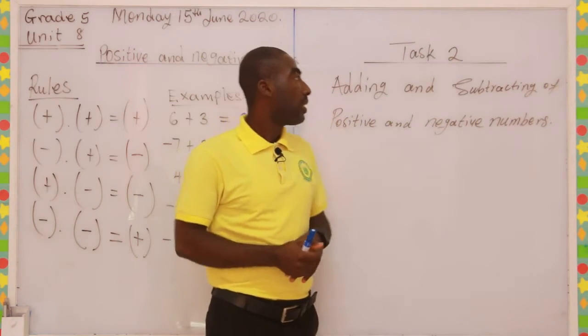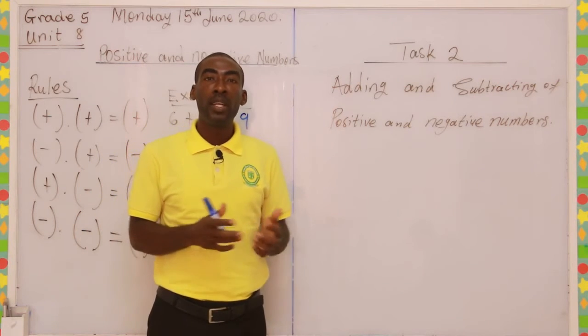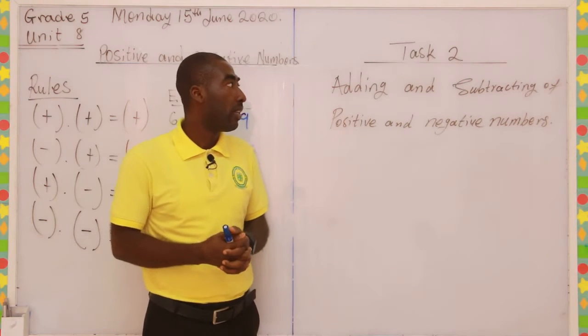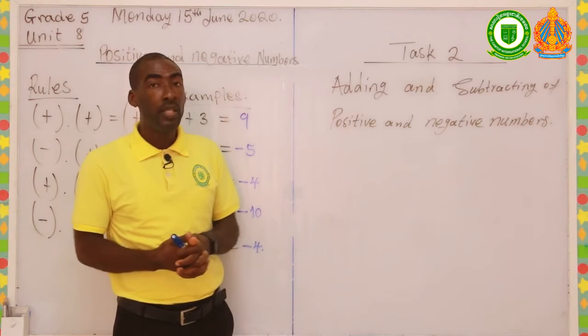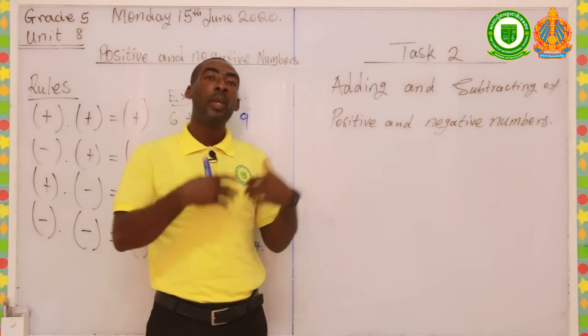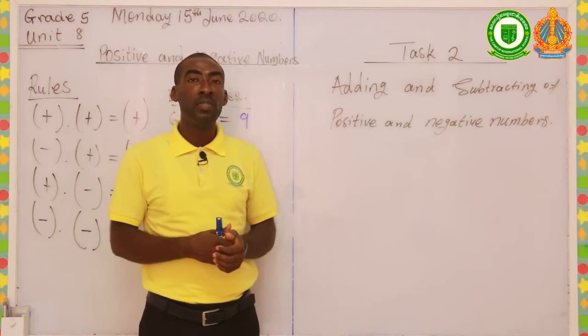Once that is good, and you also have studied how you can compare your positive and negative numbers using the less than, greater than, or equal to sign, we will then move straight away to how we can do more adding and subtracting of positive and negative numbers.